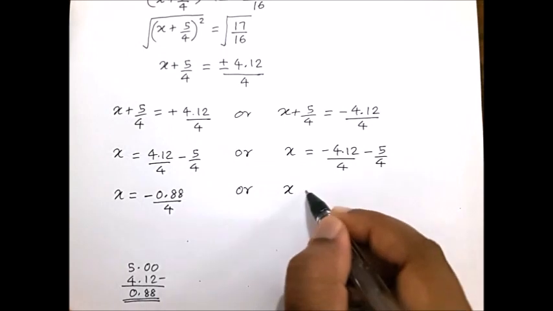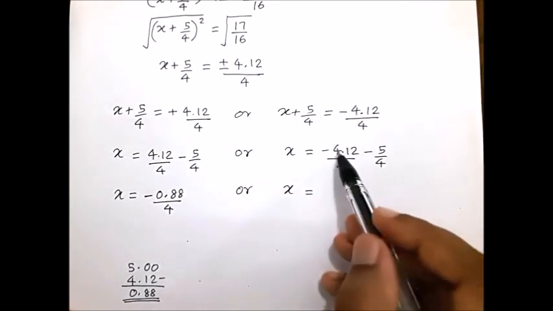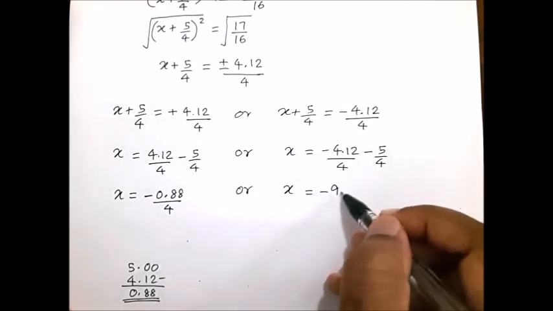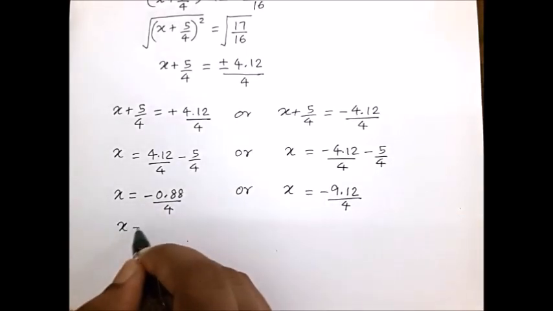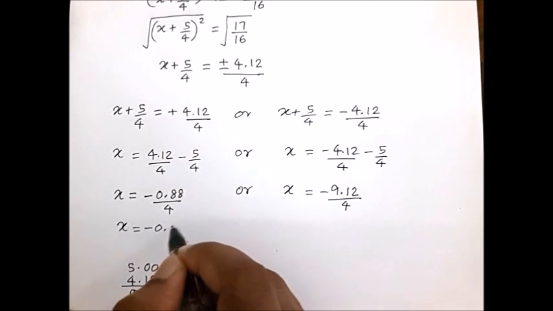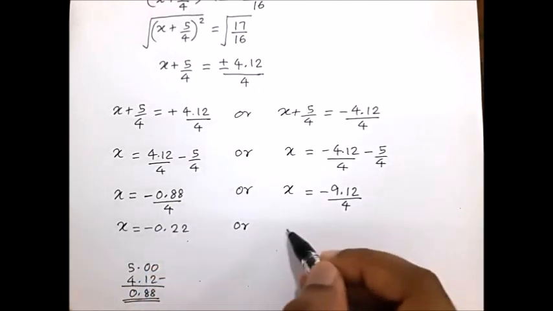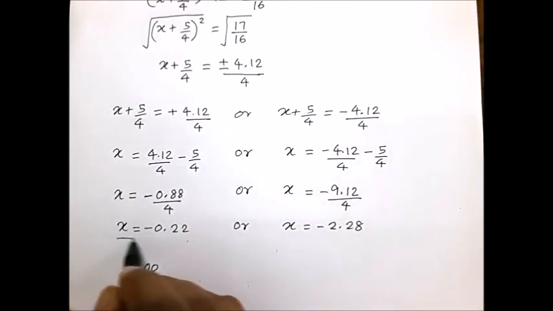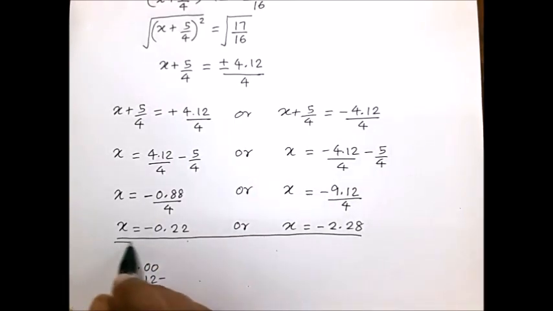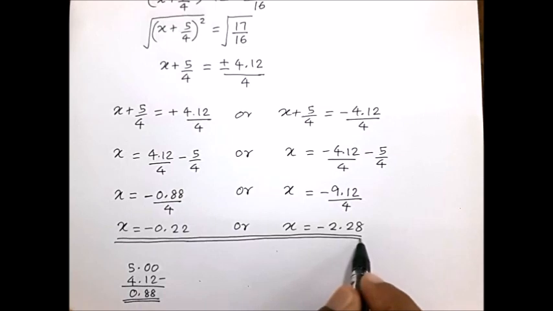On the right hand side, both are minus, so you have to add these two. It is minus 9.12 divided by 4. Here the answer is minus 0.22 or minus 2.28. This is the solution for the above quadratic equation.